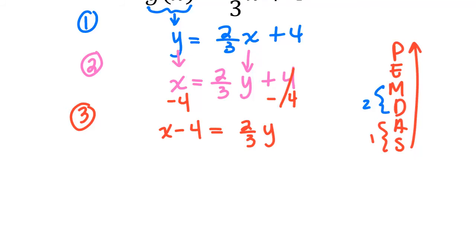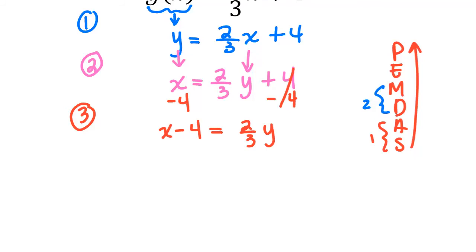Multiply by, not the inverse, but what are you trying to say with this? What do you mean by opposite? You take the fraction and you flip it. What's that called when you flip the fraction? The reciprocal. Okay, good.